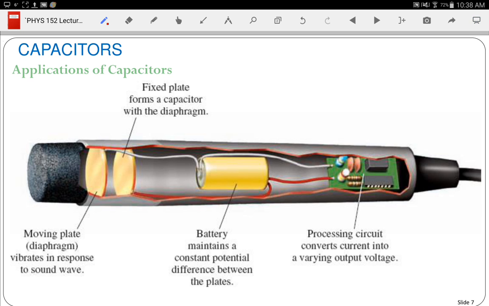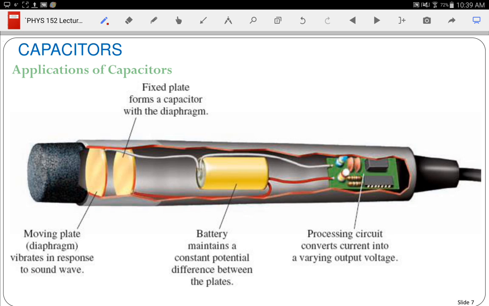Here's another practical example of using capacitance. In a type of microphone, you have two plates, and one of them can move with respect to the other, and you put a constant voltage on them. When the plate is pushed in, the charge will go up, which means that you will have a spike of current going into it.